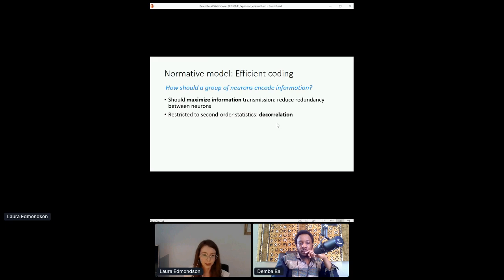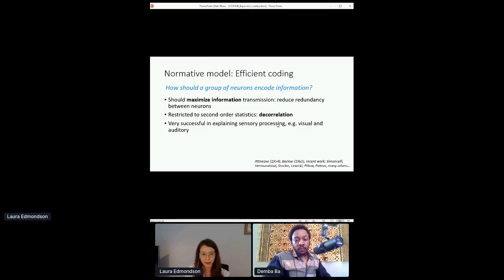So we're going to restrict ourselves to second order statistics, so it's going to be a decorrelation model. These models have been very successful in explaining certain things about sensory processing, like in visual processing and auditory processing. And in our model, we're going to decorrelate using principal component analysis.